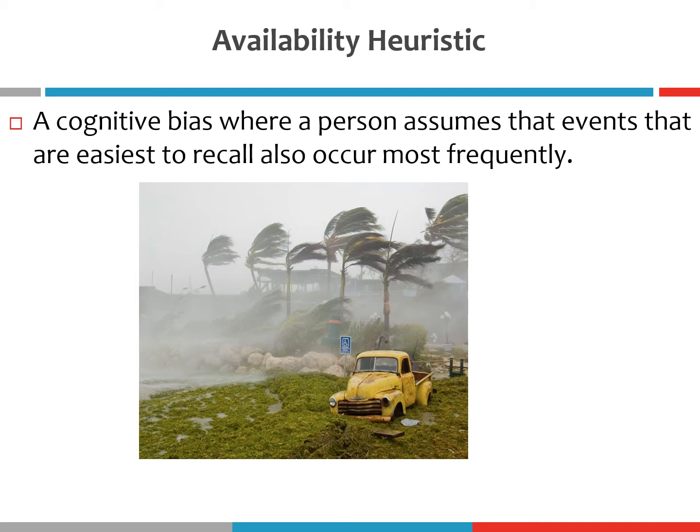And it just so happens that that last hurricane that you recall didn't do a lot of damage, right? And maybe it was not just the last hurricane that you experienced, but the one before that and the one before that as well, right? So in this case, because you don't have any difficulty recalling instances where weather forecasters said that the hurricane was going to be really severe and do a lot of damage, but in actuality it did not, right? Because you have a very clear memory of that being the case, right?